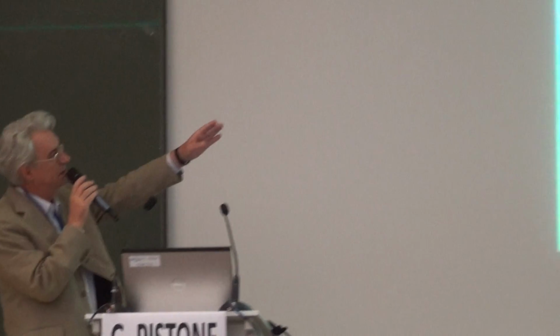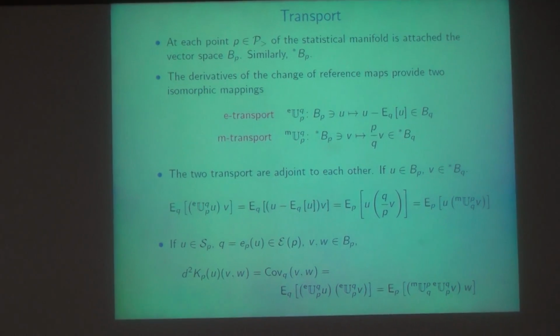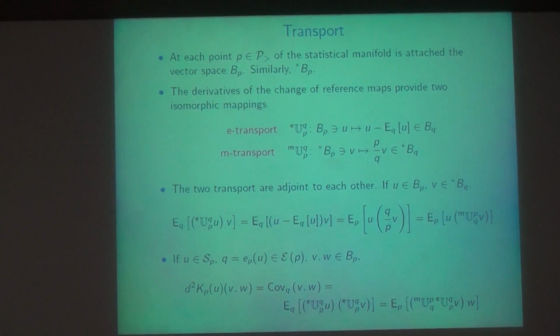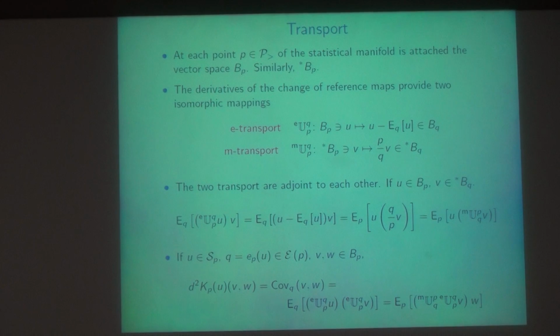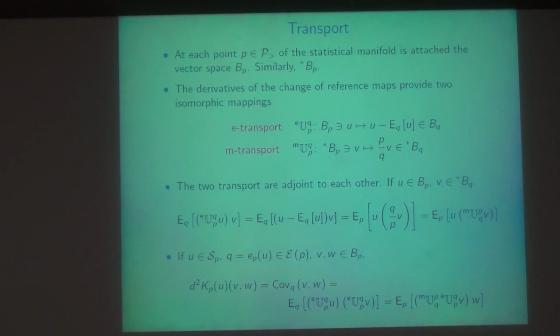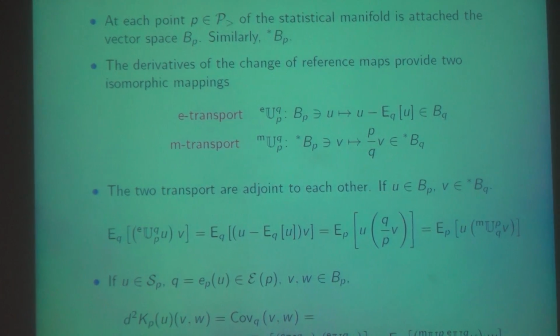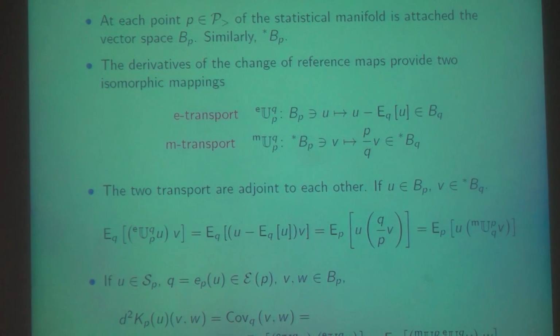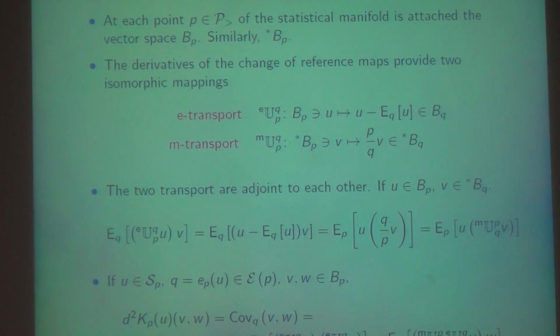One is a centering, the exponential transport: U goes to U minus the expected value in the new density. And the mixture transport is a multiplication by P upon Q. And these two transports are adjoint to each other in the natural duality.